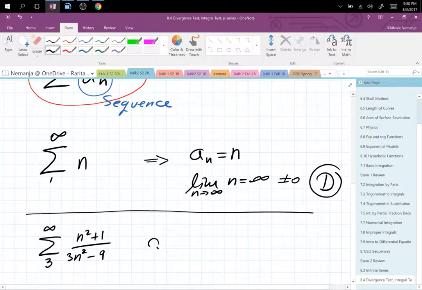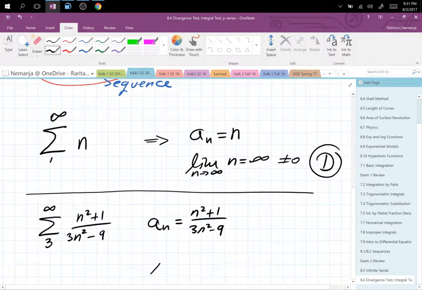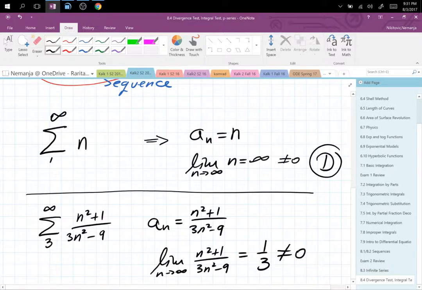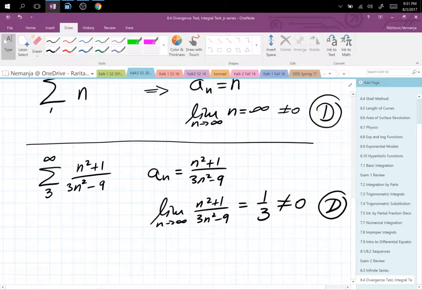Your a_n is (n squared plus 1) over (3n squared minus 9). You immediately hit that with the limit as n goes to infinity. What do we know about this limit? It will be 1/3, which is not 0, so divergent. Done.